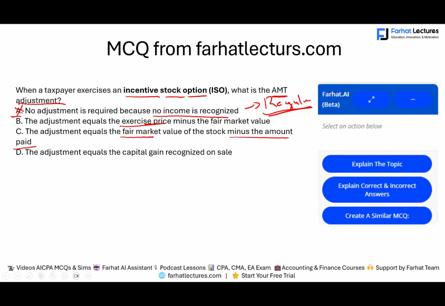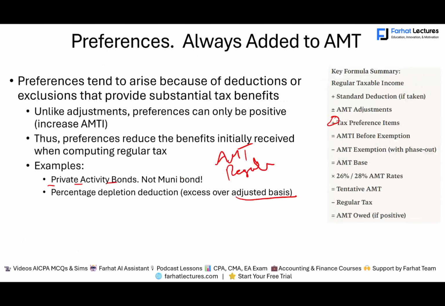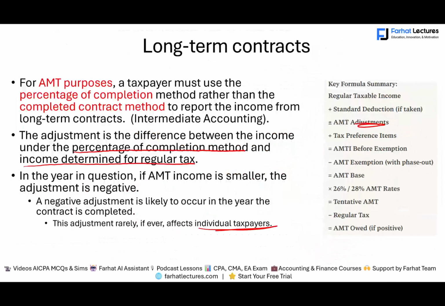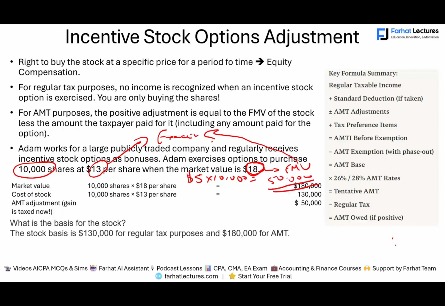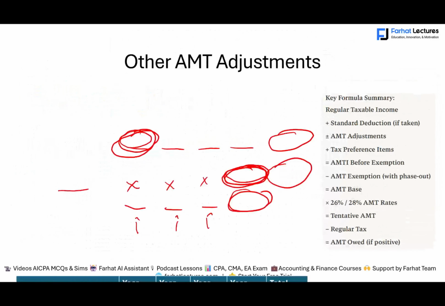So let's go back to this example to illustrate the adjustment. If you remember in this example, Adam exercised the 10,000 shares at $18. That's the fair market value at 18. The exercise price was 13. So the difference between the fair market value and the exercise price is $5 times the 10,000 options that Adam exercised, and we are looking to add $50,000 to Adam's AMT adjustment.